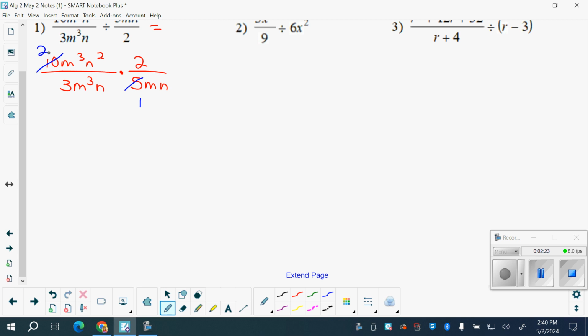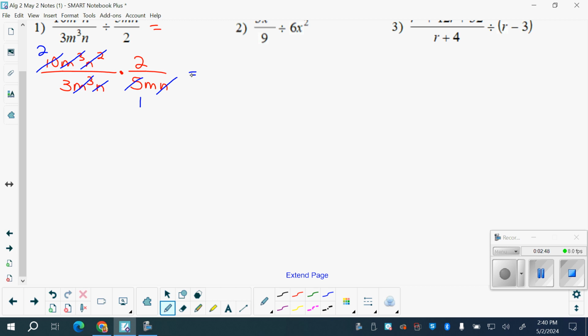So we've got m to the 3rd here and m to the 3rd. Anything else? Yes, just one of them or both of them? So this is n squared, and then we have n times n, which is equivalent to n squared. So we're canceling both on the bottom and the n squared on the top. Does that make sense?